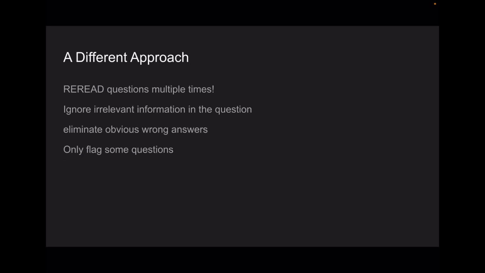For my different approach for ASCP questions, I'm going to make sure I read every question, because looking back on all of my incorrect answers, some of my issue was that I missed a word or misread a word.